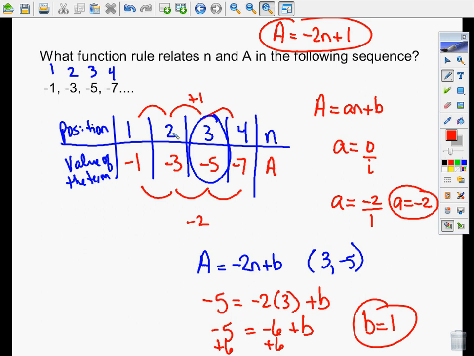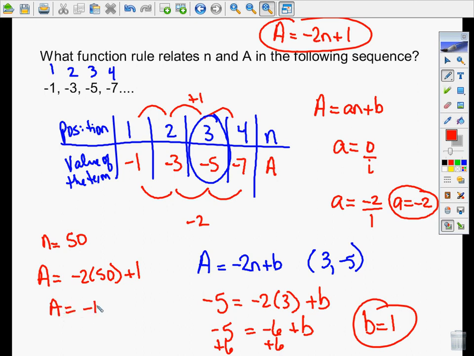Negative 2 times 2 is negative 4, plus 1 is negative 3. Negative 2 times 4 is negative 8, plus 1 is negative 7. So let's say again, I want to know what it is for the 50th position this time. So a, the value of the term, is going to be negative 2 times 50 plus 1.